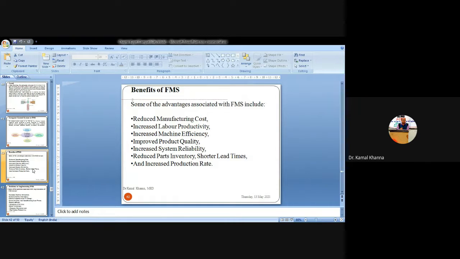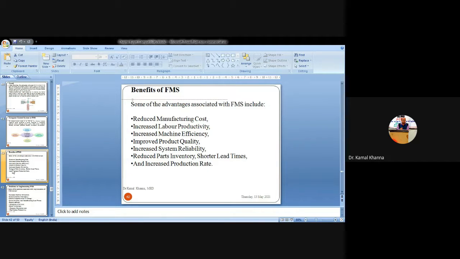We can reduce the manufacturing cost, we can reduce the manufacturing lead time, we can provide a variety of products to the customer, we can increase the efficiency of the machines, we can decrease the material handling cost, that is transporting material from one end to the other, we can increase the production rate, we can reduce the inventory of parts, and we can also achieve quality of the products and the reliability and durability of the systems. So these are some benefits of FMS.